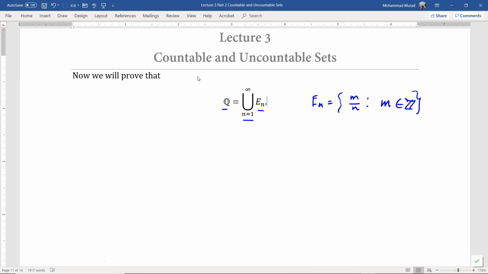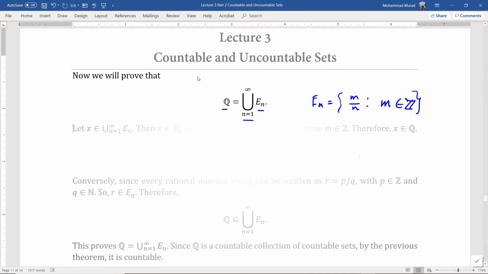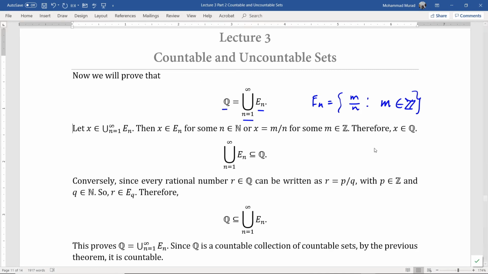So the set of rational numbers would be equal to the countable union of these sets. The proof is shown here. Now, since Q is a countable collection of countable sets, by the previous theorem, the set Q is countable.